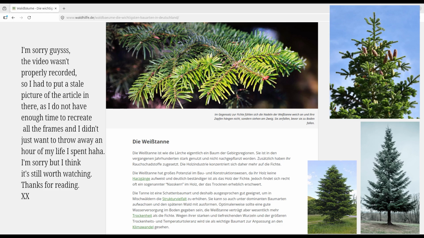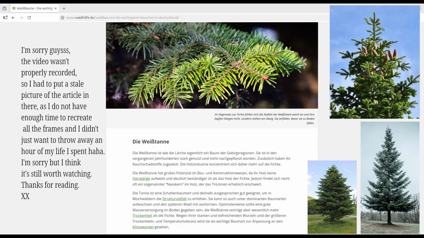But in this case, im Gegensatz, you can't necessarily translate that like against sentence, but it just means in opposition to, or in opposed comparison to something. Im Gegensatz zu, like zu, zur, to the. Im Gegensatz zur, in contrast. So you can say against sentence, but that of course doesn't make sense to translate literally.